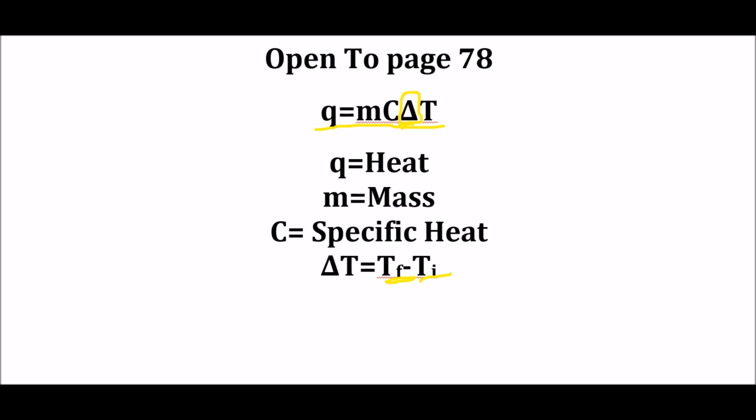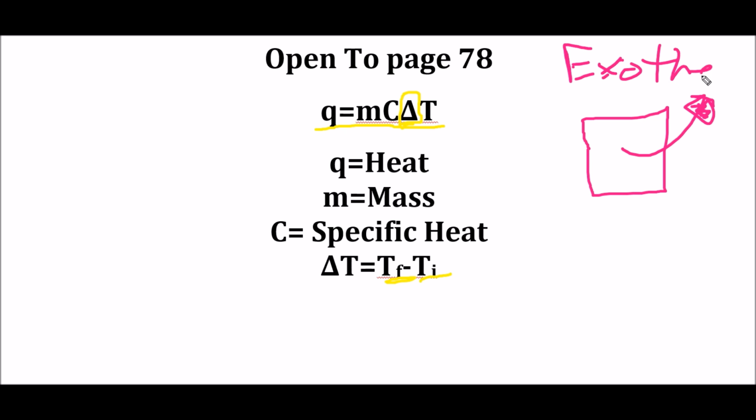Another thing that we've learned is that we can have a system with energy exiting the system. When we have energy exiting the system, this is called an exothermic reaction.